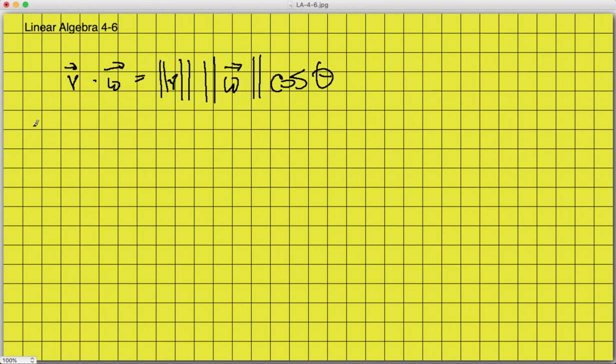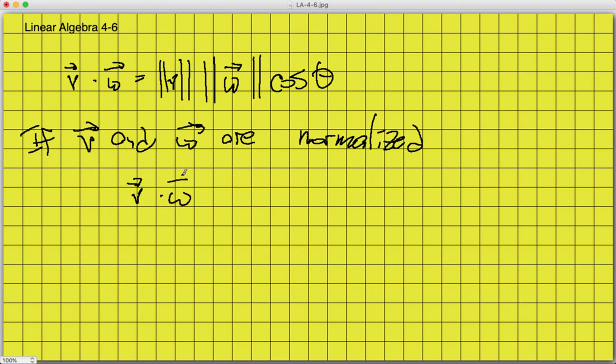By the way, if V and W are normalized, remember what that means. That means that the lengths of each one of these is 1. Then I get that V dot W is just equal to the cosine of theta.